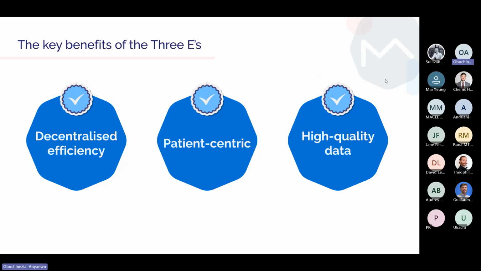So speaking specifically to eConsent, eCRF, and ePRO, to summarize the key benefits of these components that fall within DCT platforms, we have decentralized efficiency, so the ability to manage huge sets of data in a way that doesn't disrupt study processes, and also the ability for investigators or patients alike to take part as well.